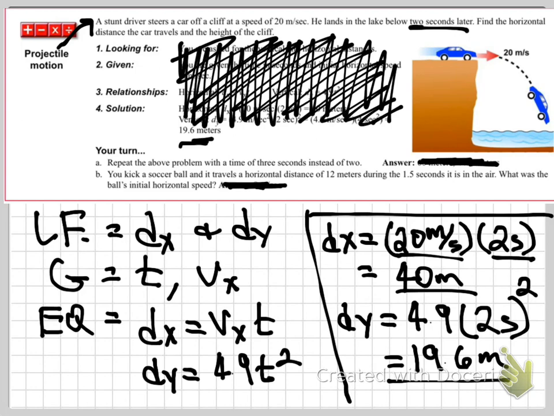All right, so letter A. Repeat the above problem with a time of 3 seconds instead of 2. So if it was in the air for 3 seconds instead of 2 seconds, let's see how that would affect it.